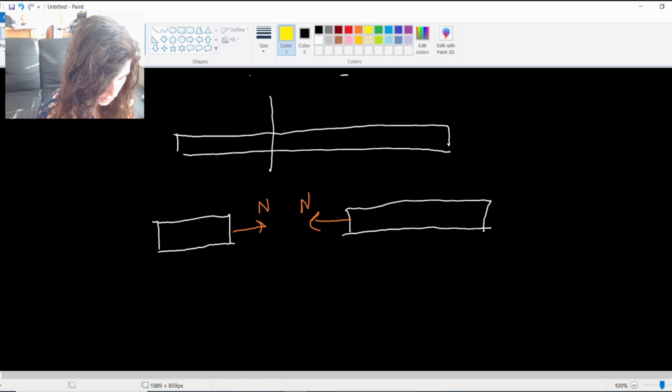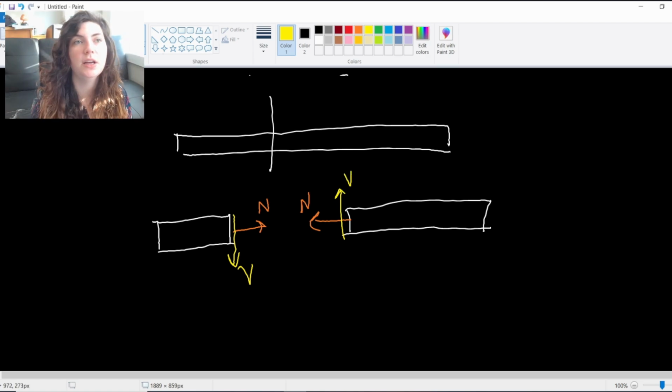Same with our shear force. Shear force is pointing down on our left side of our beam and points up on our right side of the beam. And this is what we consider to be the positive convention.